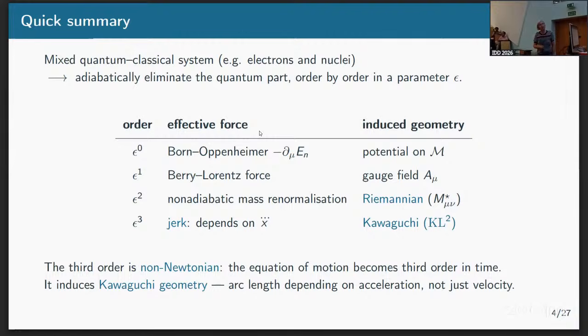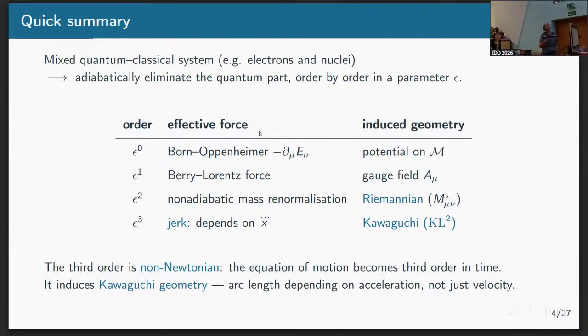In the second order of epsilon, you get the first non-adiabatic correction to your system. And it turns out that the effective force is the same as the first order. It's just that the mass matrix of the nuclei gets renormalized. And then your induced geometry is still Riemannian geometry at this level.